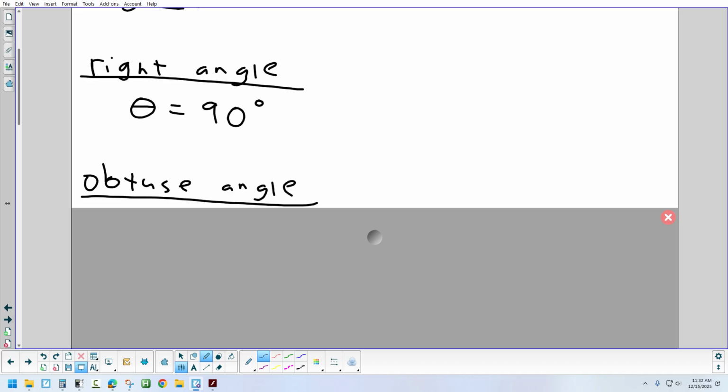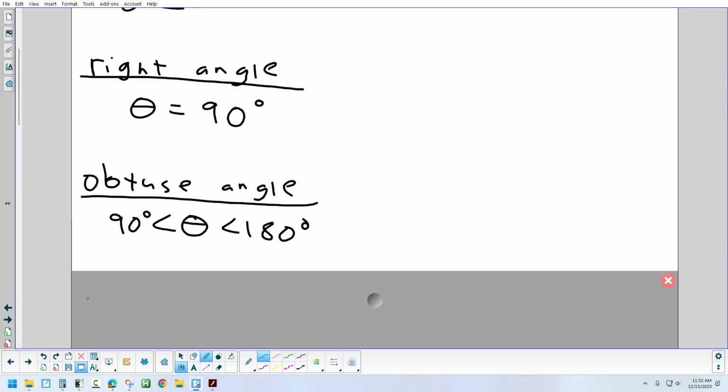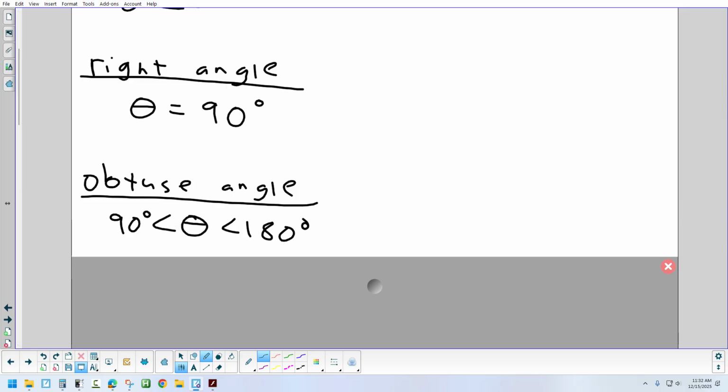Yeah, it definitely has to be positive, so it has to be greater than 90. But it also has to be something else. Less than 180, yes. So greater than 90, less than 180. Now the next definition is going to apply not just to a single angle, but to a pair of them. What do you call a pair of angles that adds up to 90?